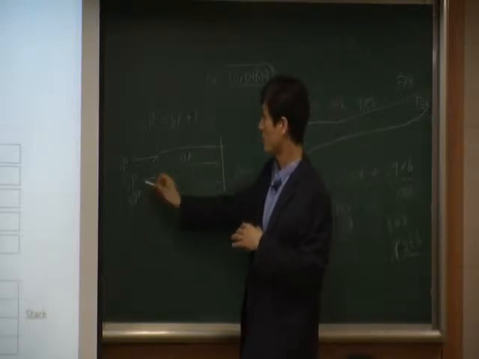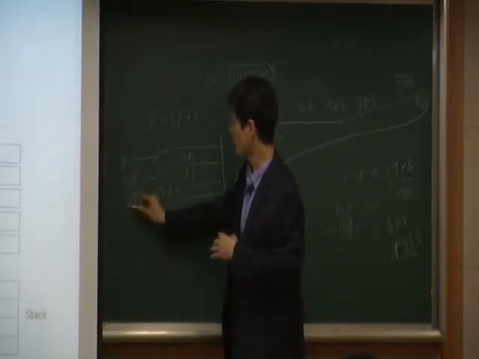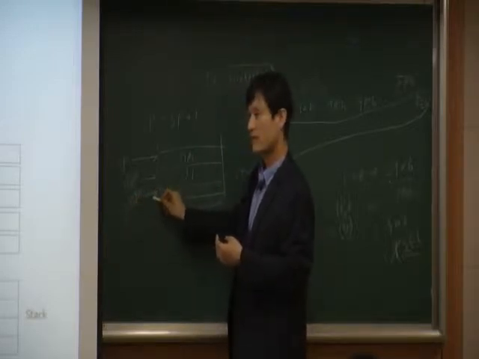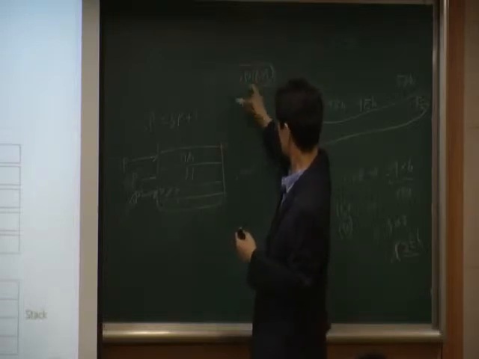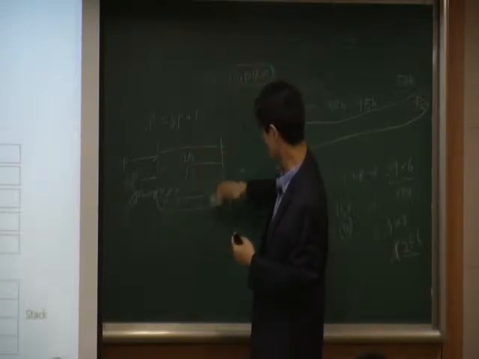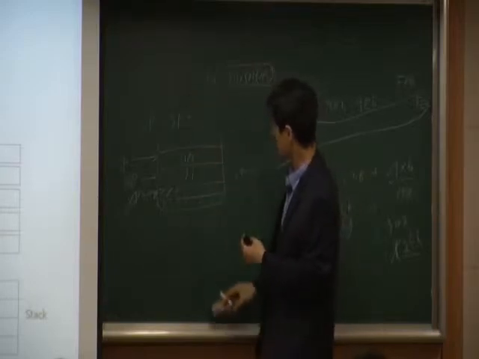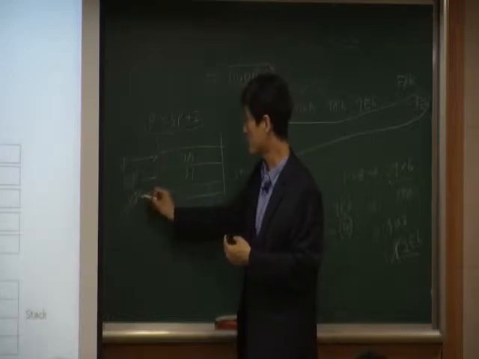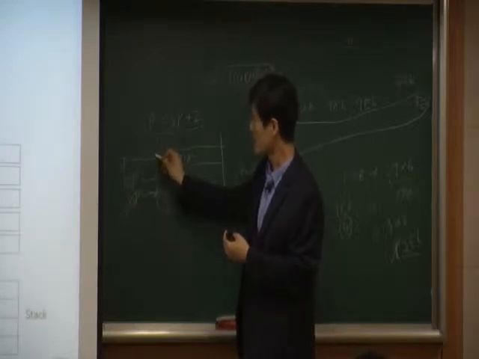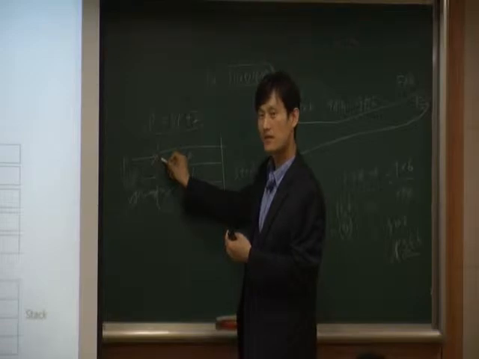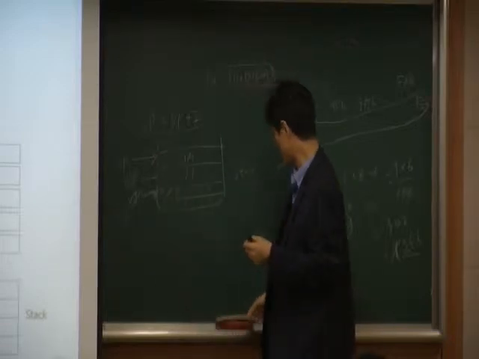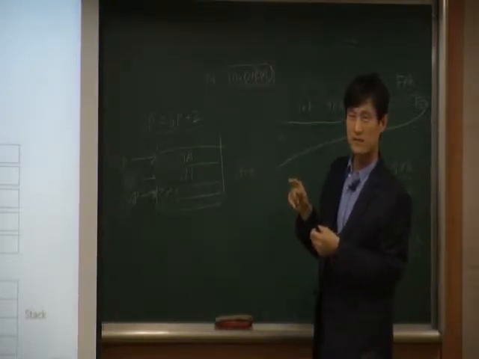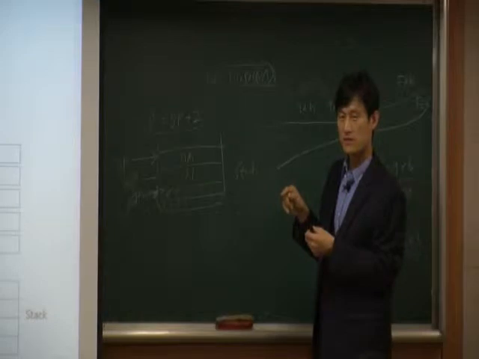The original stack pointer was right here, but I pushed the 2 bytes into the stack, so eventually my stack pointer has been increased by 2. Remember that when you push a value into the stack, you have to do +1 first.